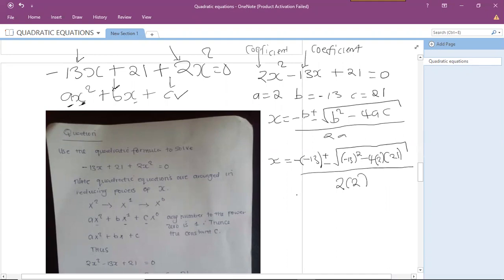So now you start expanding. x will be equal to negative times negative, which is positive. So that's how you expand there.